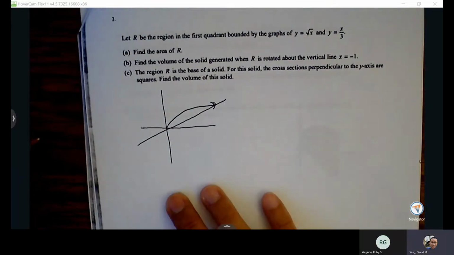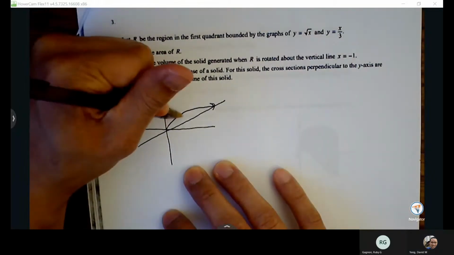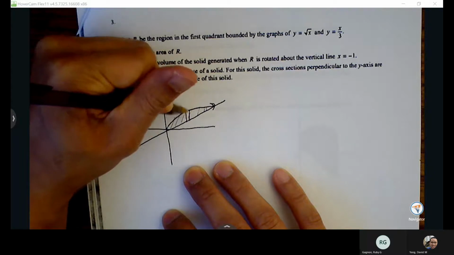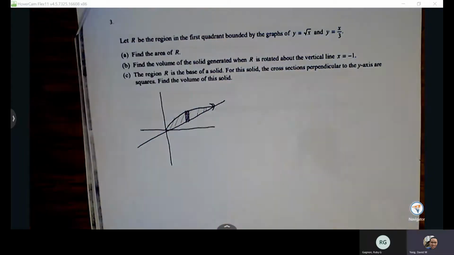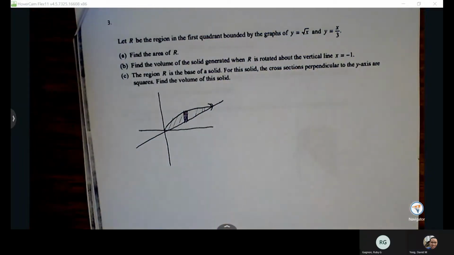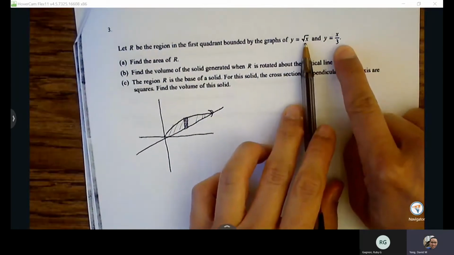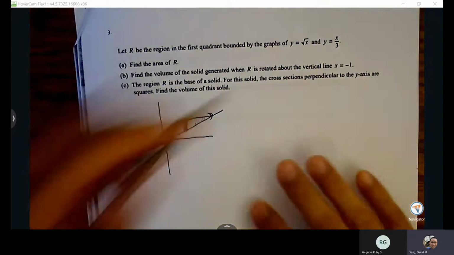Okay, area will be top minus bottom. We can find the intersections by using your calculator, or you can solve this by hand.